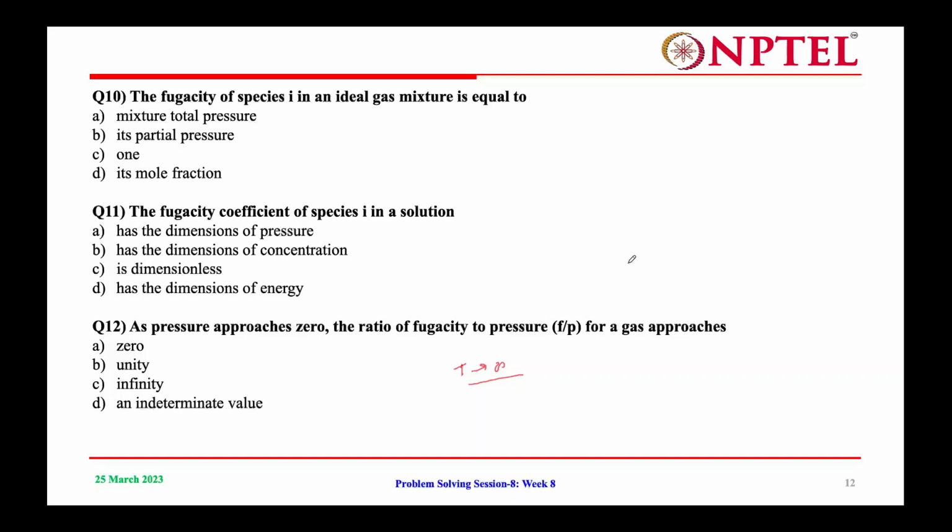You will not get f by P. This relation dG is equal to V dP holds under certain conditions, like a reversible change at isothermal conditions. It will be different for other conditions like isobaric.